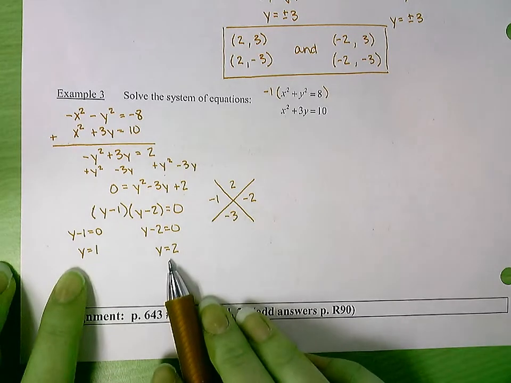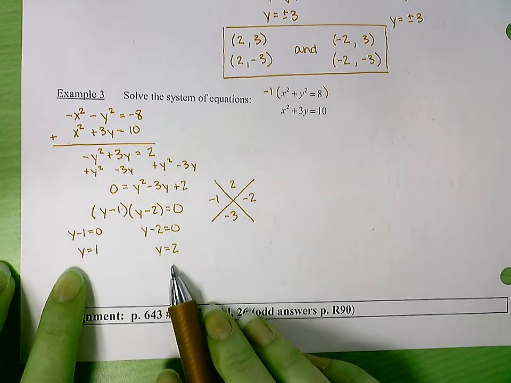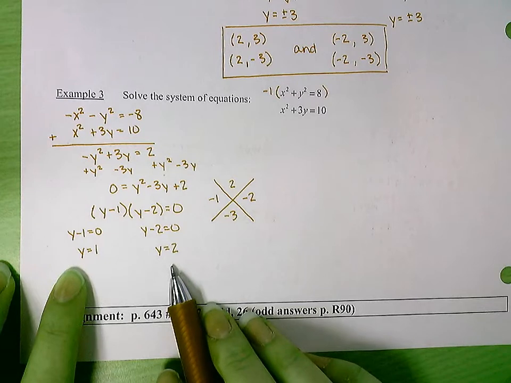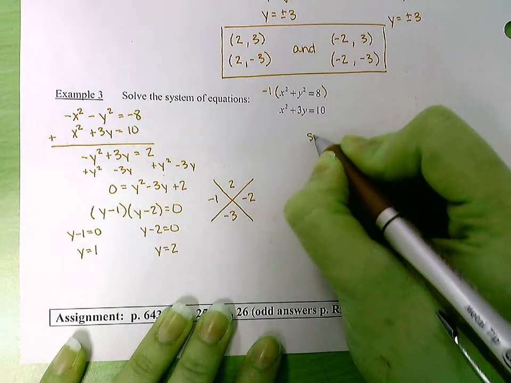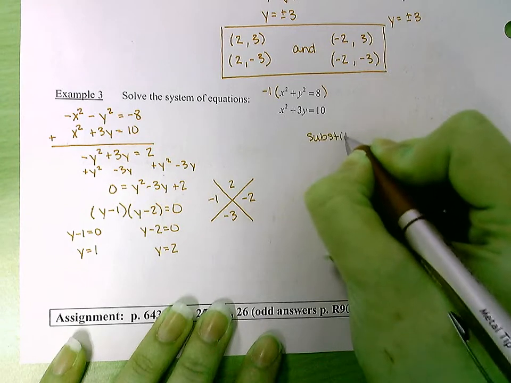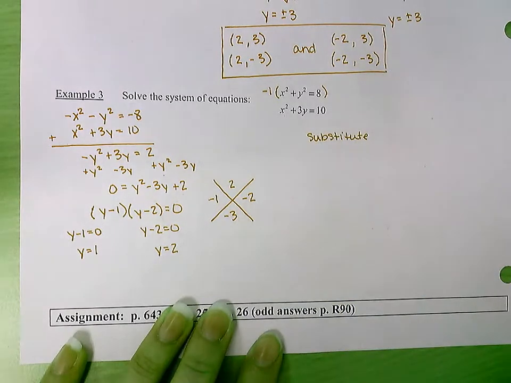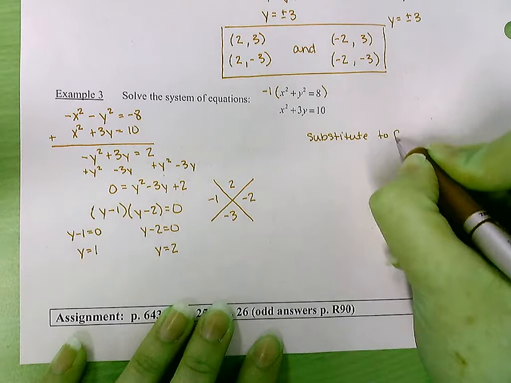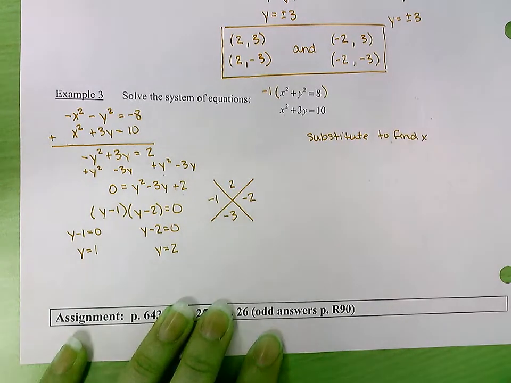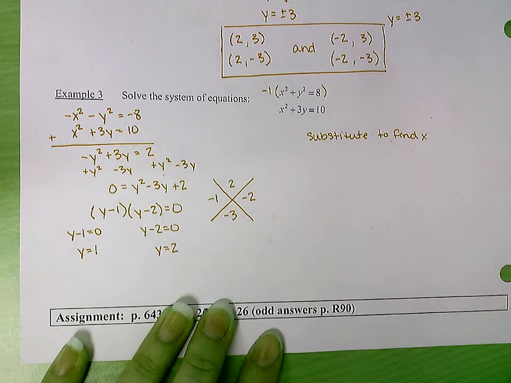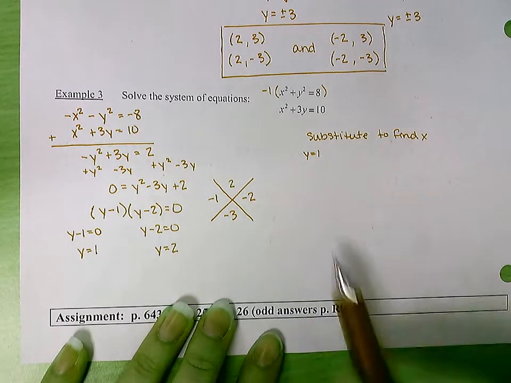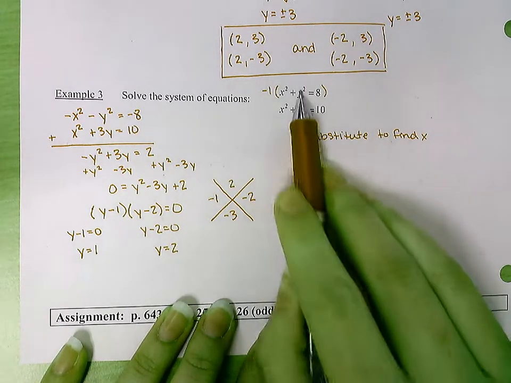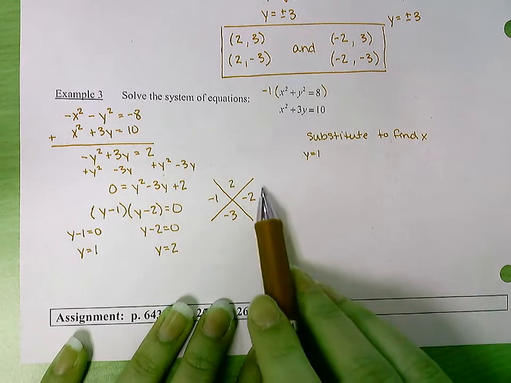Okay, again, from here, what's my next step? What do I have to find yet? X. So we're going to substitute to find x. So when y is equal to 1, I'm going to pick an equation to plug that into.